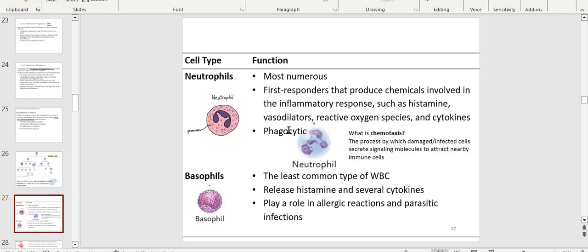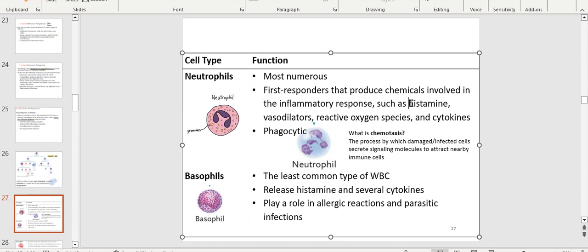Neutrophils are the most numerous, so when an infection happens, these guys are the first responders. They produce chemicals involved in the inflammatory response, such as histamine, vasodilators, reactive oxygen species, and cytokines.